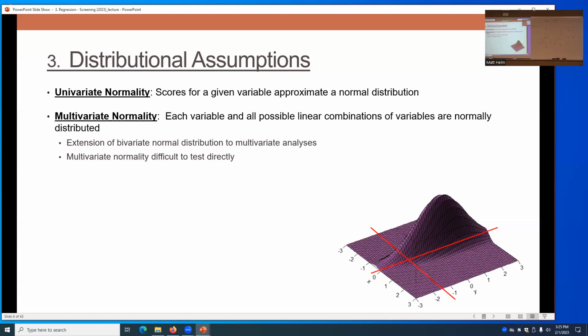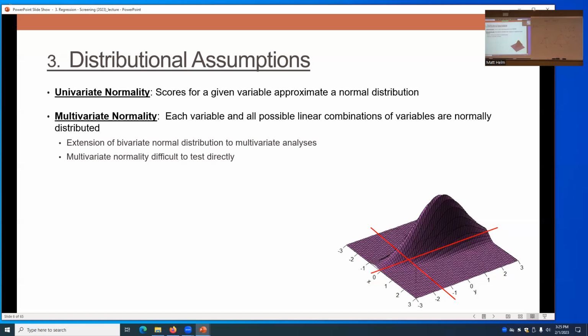If we took cross sections of that bivariate normal distribution, we have normal marginal distributions and normal conditional distributions. Multivariate normality is like bivariate normality, but now we've added not 2 variables, but 3 variables, 4 variables, and then we get into multidimensional space that's hard to wrap our heads around.